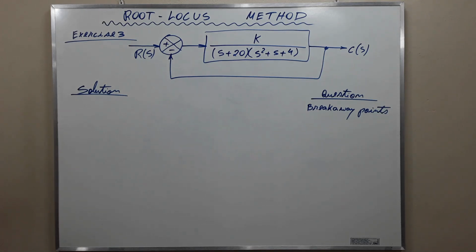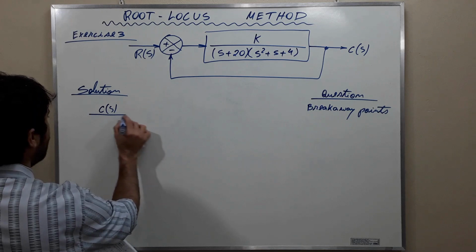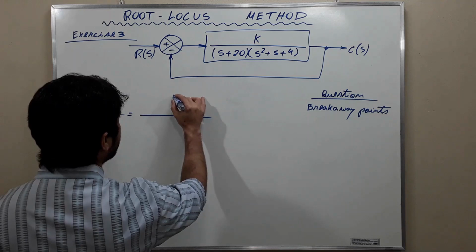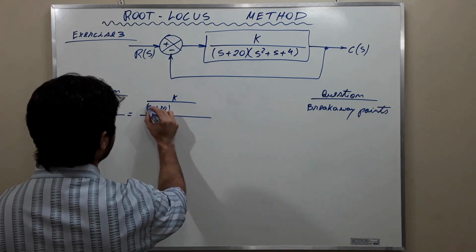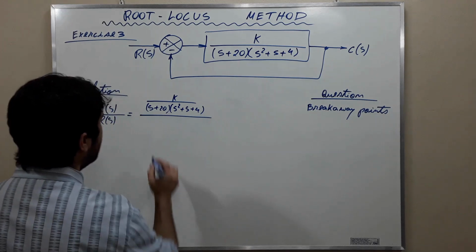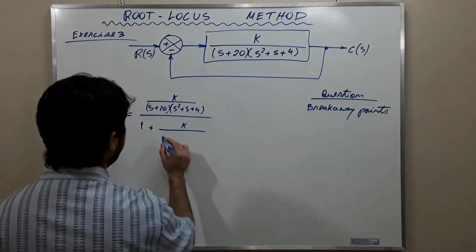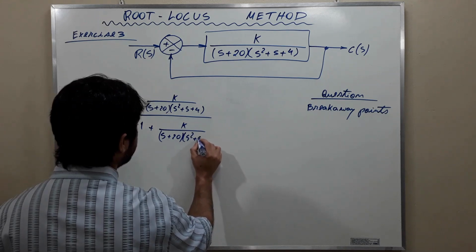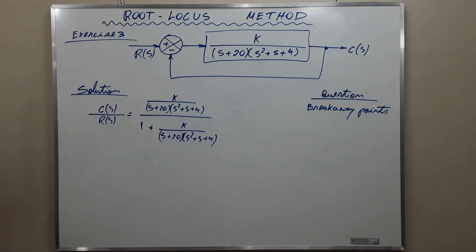The transfer function is going to be C(s) over R(s) equal to K(s plus 20) over (s squared plus s plus 4), divided by 1 plus K(s plus 20) over (s squared plus s plus 4). Okay? This is the transfer function.